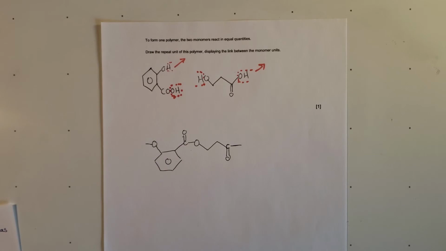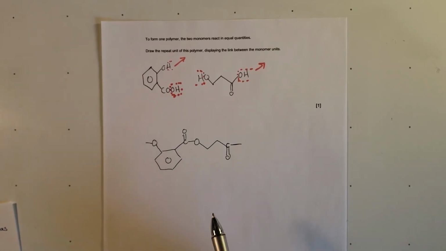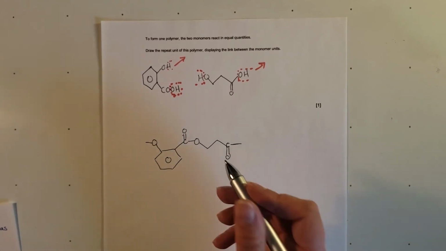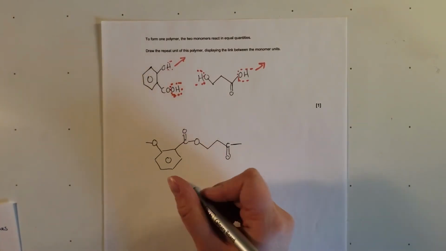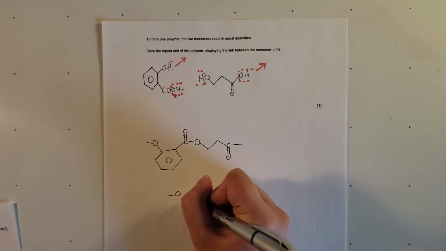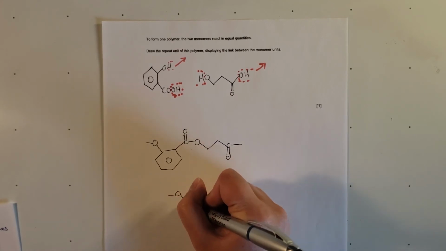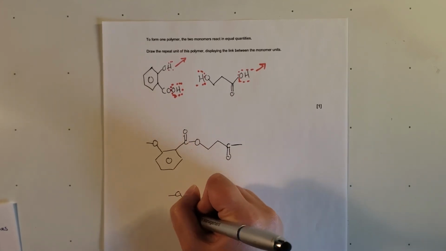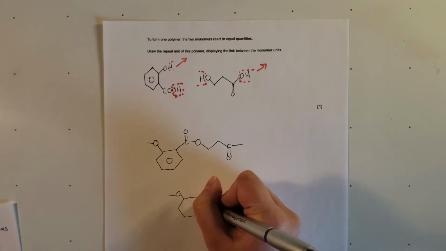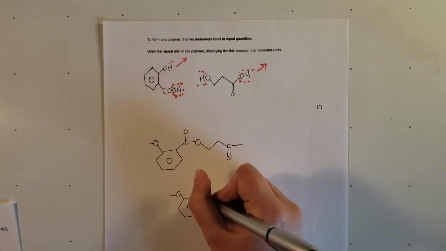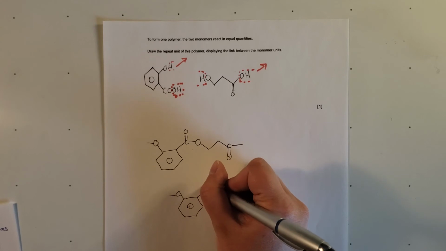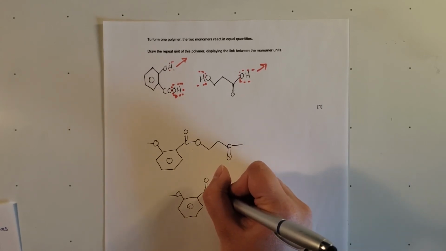Okay, now this is a combination of skeletal and displayed, so potentially just redrawing that so that I'm not going to bother drawing our benzene ring anything other than a skeletal, but the rest you could show the atoms.